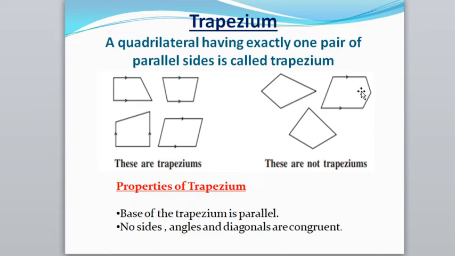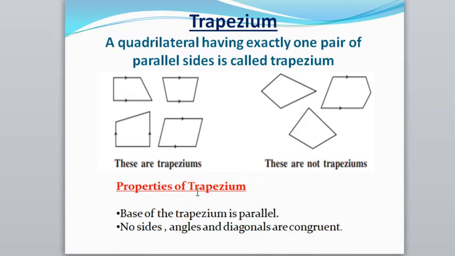In the second figure one pair of parallel sides is given, but a trapezium has a total of four sides, because a trapezium is a quadrilateral and a quadrilateral contains four sides. Here the total number of sides is 5, so it is not a trapezium. In the next figure also no parallel side is present, so it is not a trapezium.